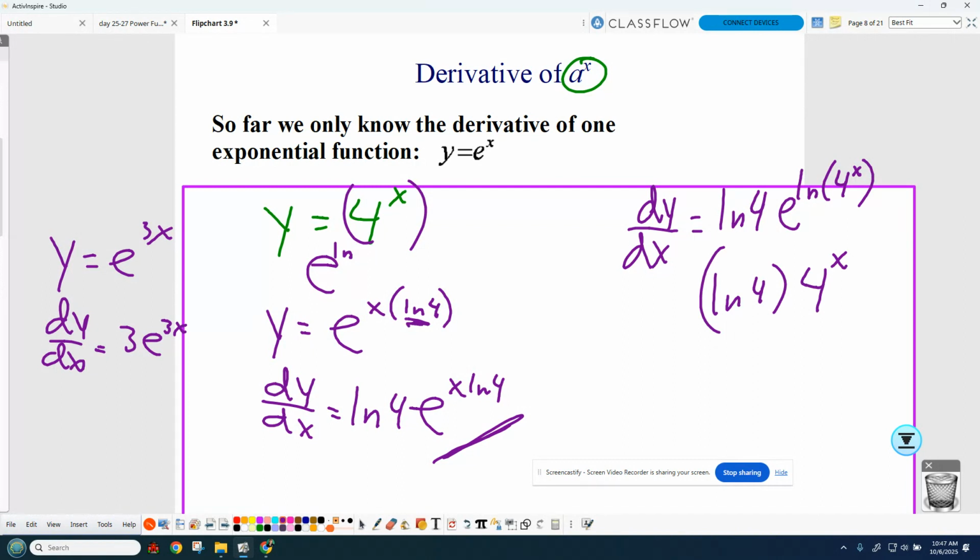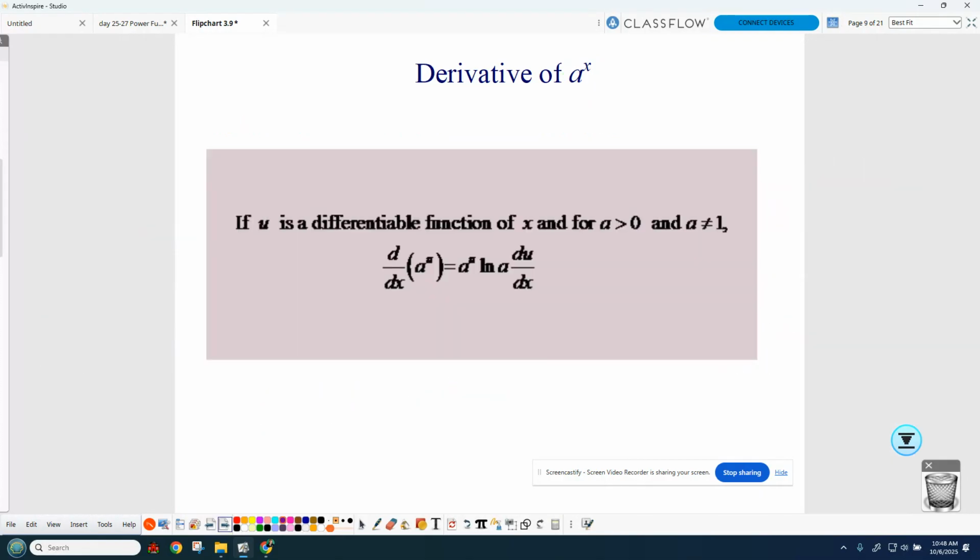And then, it's not e, so you gotta pay to change the base. And this really is change of base. ln 4 over ln e, what is the natural log of e? 1. So it was just changing the base. So there's the pattern, written with chain rule in it, for whatever reason.